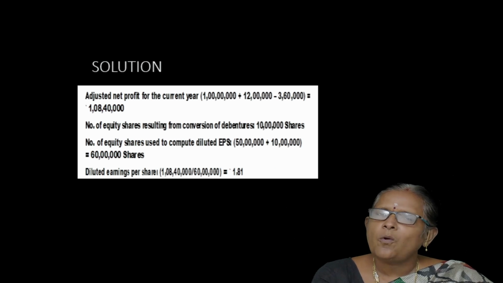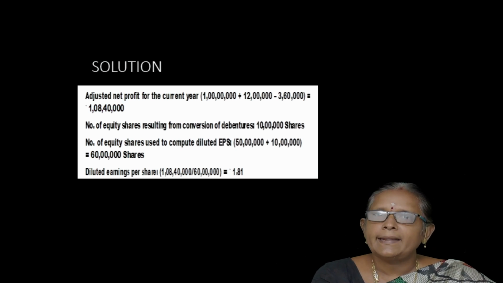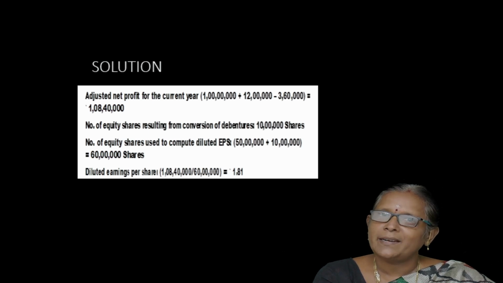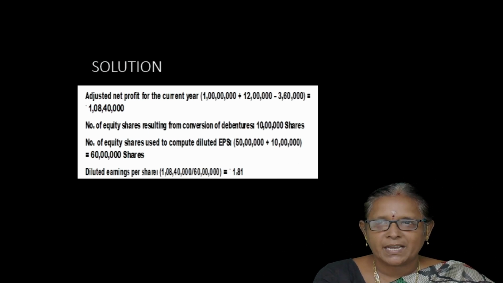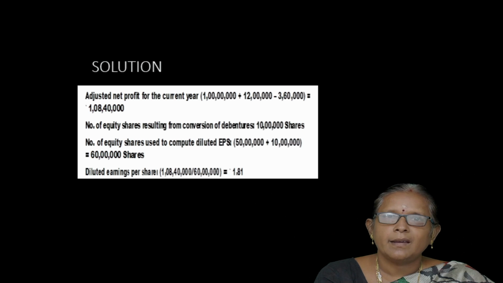There is not much difference between basic earnings per share and diluted earnings per share. In diluted earnings per share, the shareholders get it as their dividend. But dividend is entirely different from earnings, because all the earnings are not distributed as dividends.